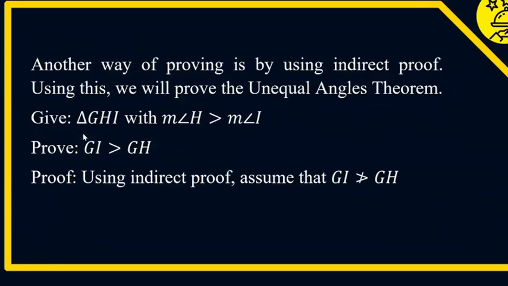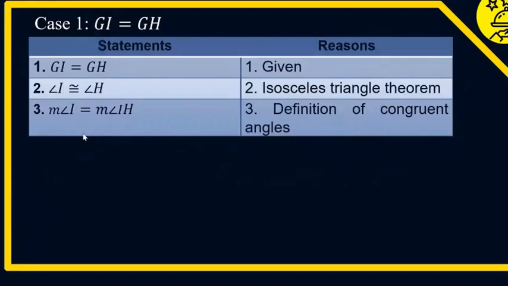Now let us prove by the use of indirect proof, assuming that IG is not greater than GH. Case number 1: IG is equal to GH. So case 1, we have GI is equal to GH.